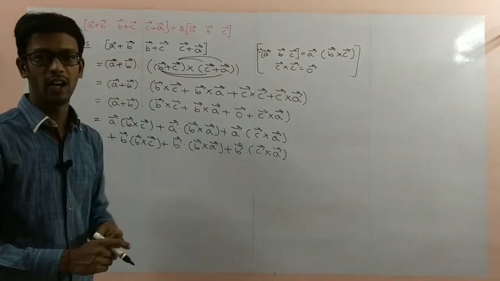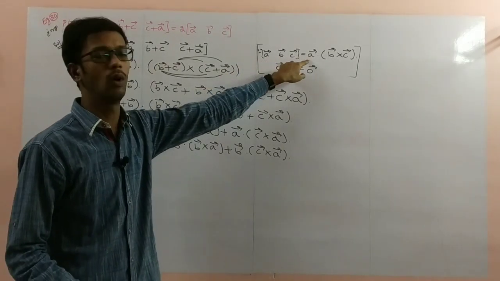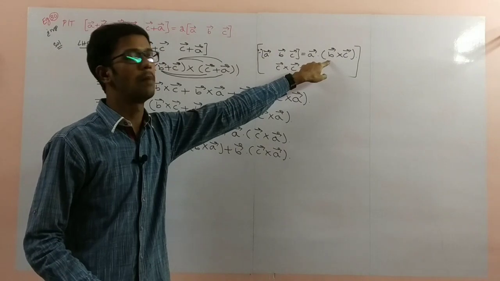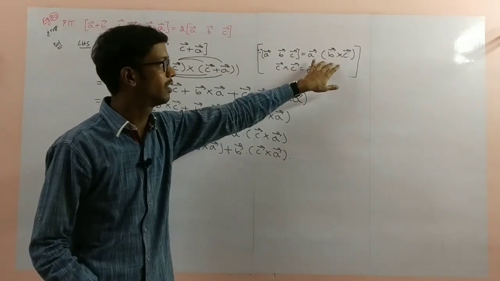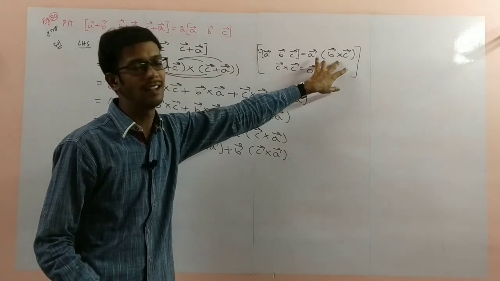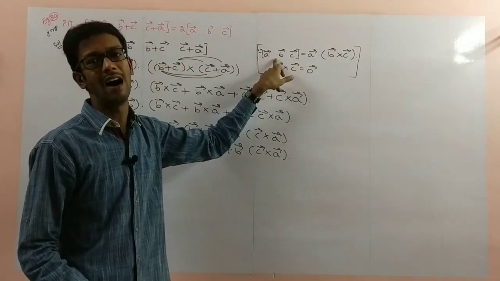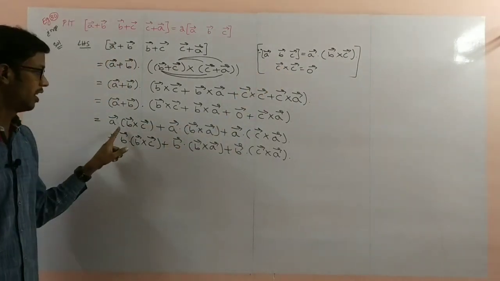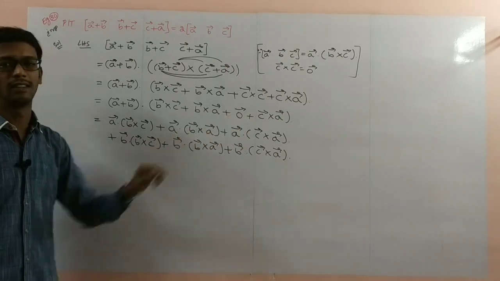First formula you can observe here: box of A bar, B bar, C bar equal to A bar dot of B bar cross C bar. So we can write it in reverse also, like this: A bar dot of B bar cross C bar, one dot, one cross, we can write as a box of. Here you observe each and every term has a dot and a cross.